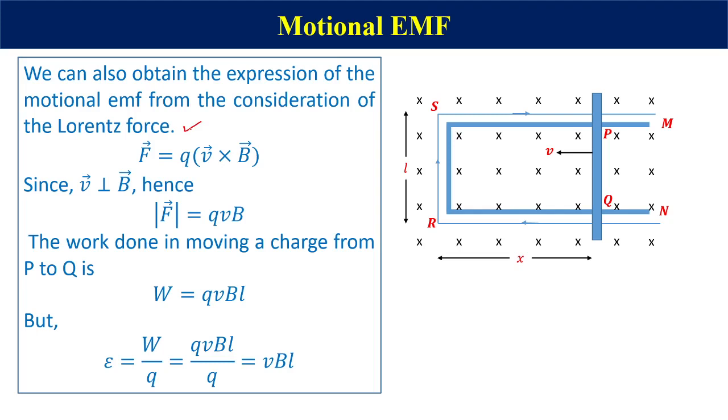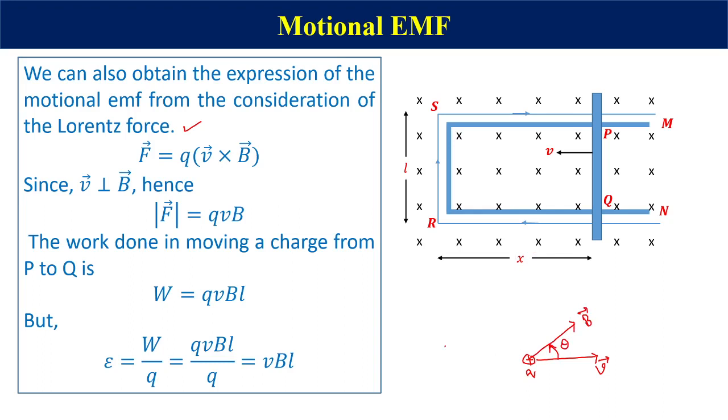Now what is meant by a Lorentz force? Lorentz force means, suppose I have got a charged particle, say positive charged particle q, which is moving in a particular direction v. So this is the direction of its velocity. Now let's suppose there is a magnetic field which is making an angle theta with the direction of motion of the charged particle q.